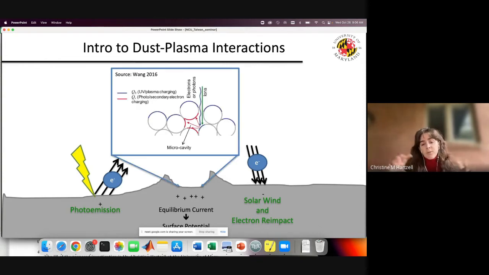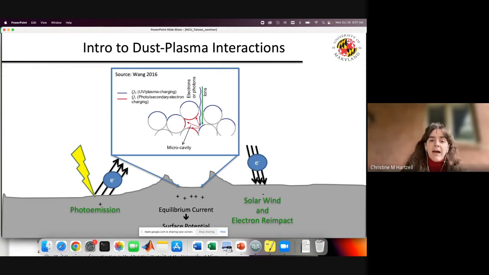Now, if we zoom in and we look at individual regolith particles, it gets a little bit more complicated. So in 2016, we really had a kind of a revelation in our understanding of how charging of individual particles works. And this is the general idea. So dust particles are insulators. That means they can have patches of positive and negative charge on the same dust grain.